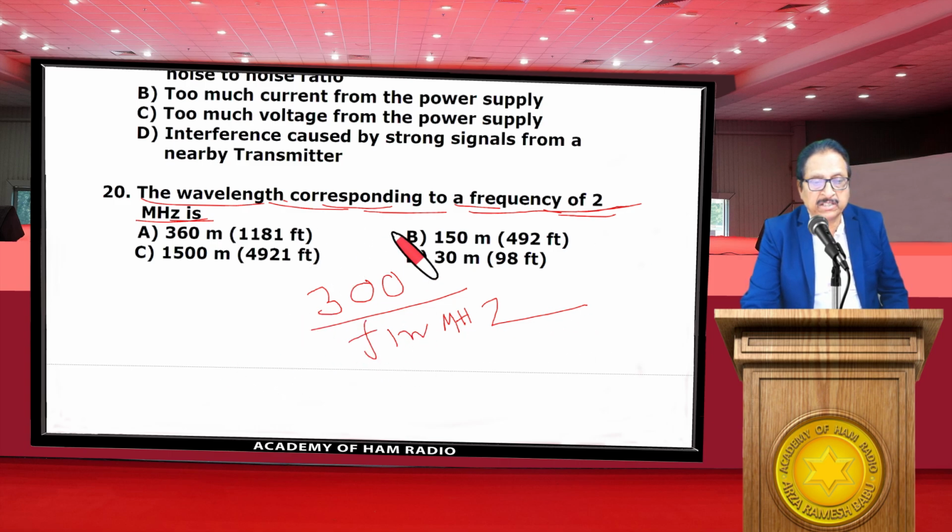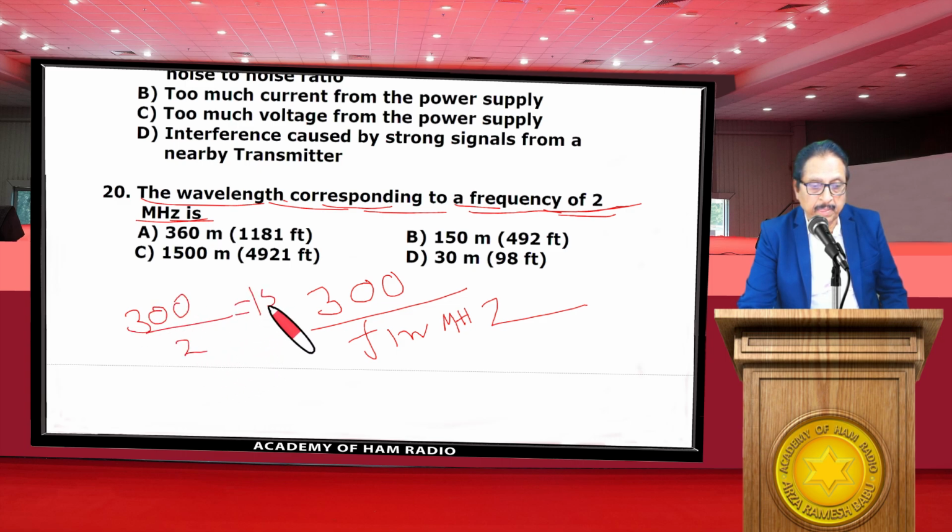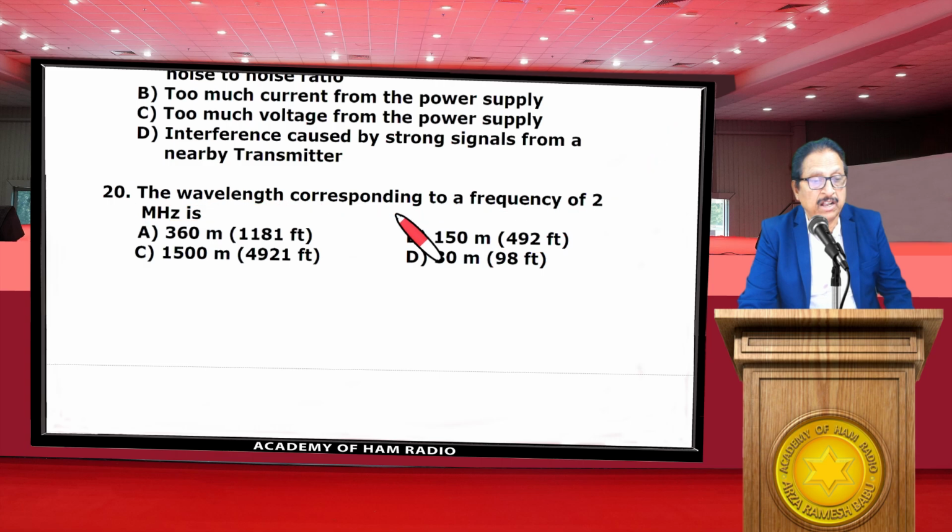You will get the wavelength in meters. This is the formula. Here 300, and frequency is 2 megahertz. So we'll get 300 by 2 is 150 meters. That is the wavelength. So right answer is Bravo.